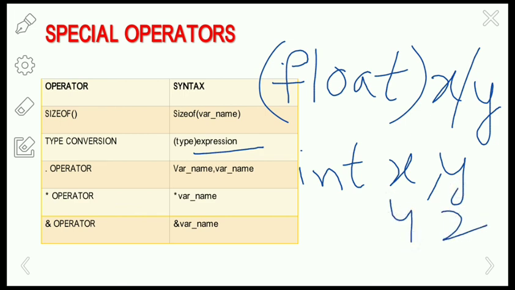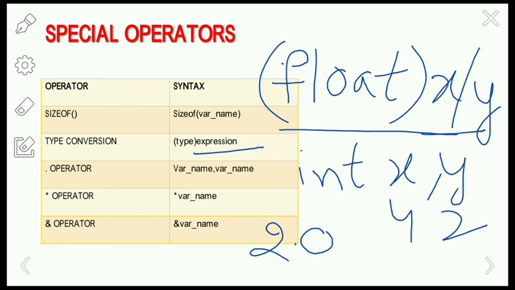The answer will be 2 if you perform it in the integer format. And here I am going to convert the int to float. So then the answer will be 2.0, which is the floating value. So here we are converting the given expression into floating point. This is the user defined thing.